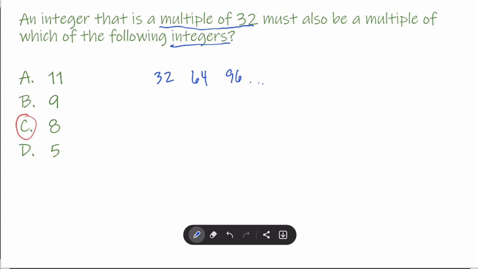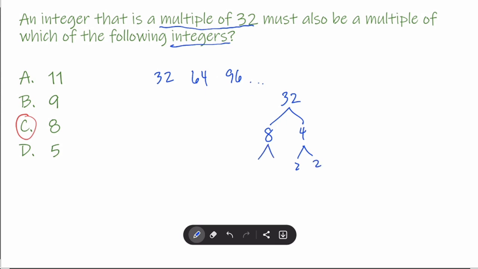So let us break this 32 into its prime factors. So we can separate 32 into 8 times 4, because 8 times 4 is 32. And 4 can be separated into 2 times 2.